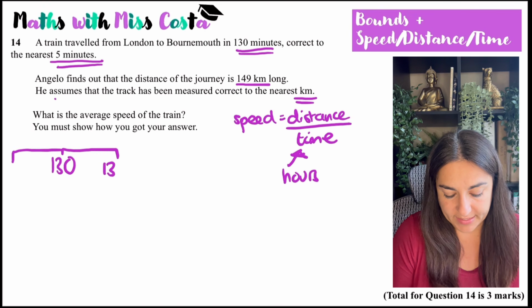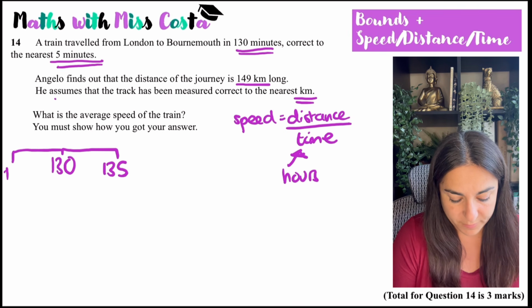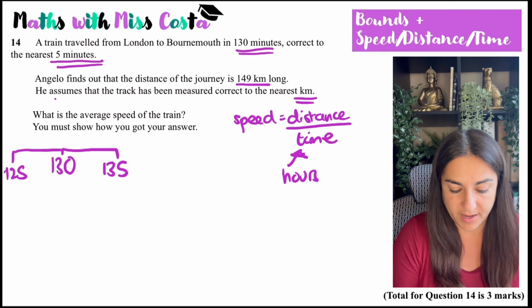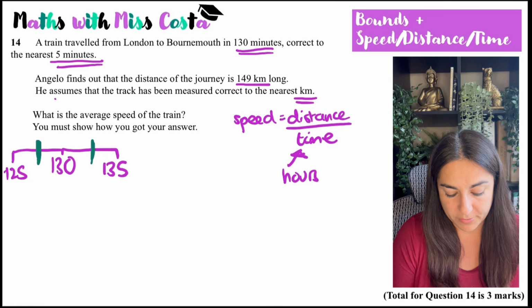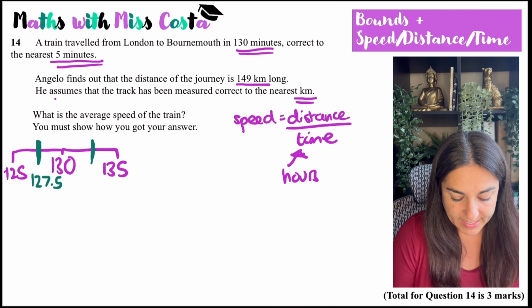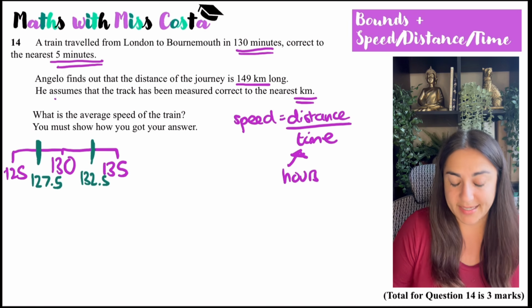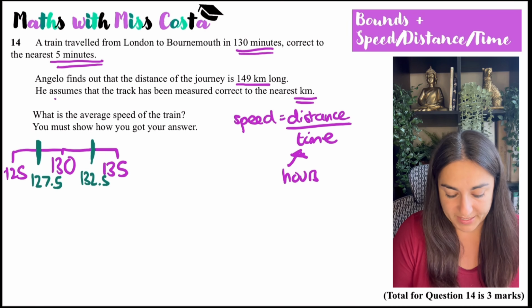If it was 5 minutes above, it would be 135. If it was 5 minutes below, it would be 125. So to find the upper and the lower bound, I work out the midpoint of that. So the midpoint is going to be 127.5, and this would be 132.5 minutes.